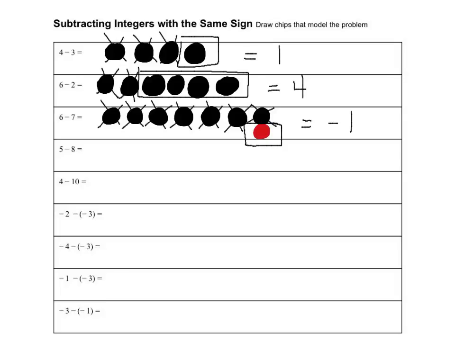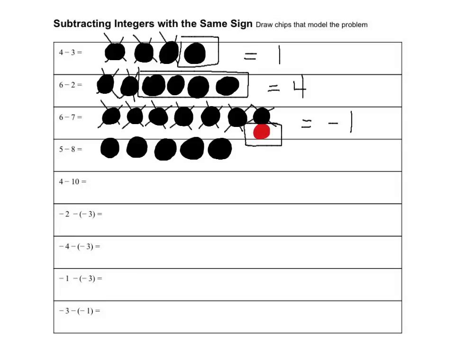See if you can show 5 minus 8 modeling the way I did 6 minus 7. Pause the video. When you come back, you'll see my answer. So the first thing that you've got to do is put your original 5 positives on the board.